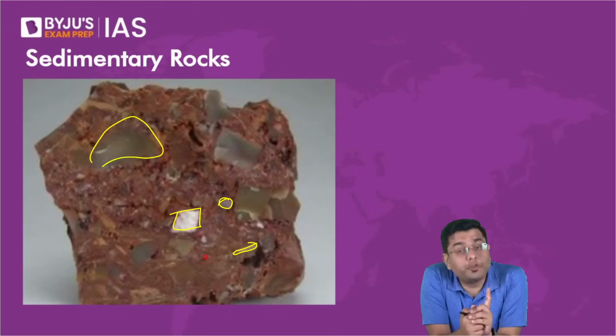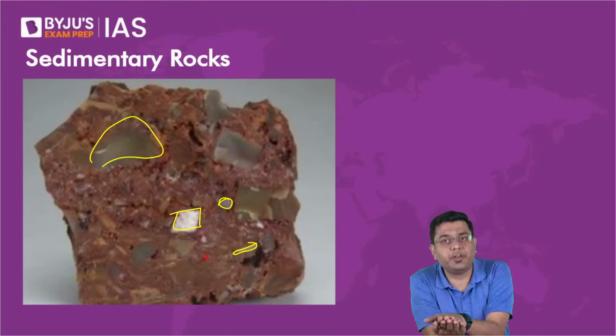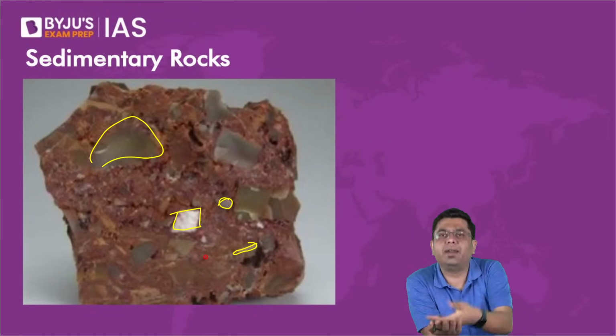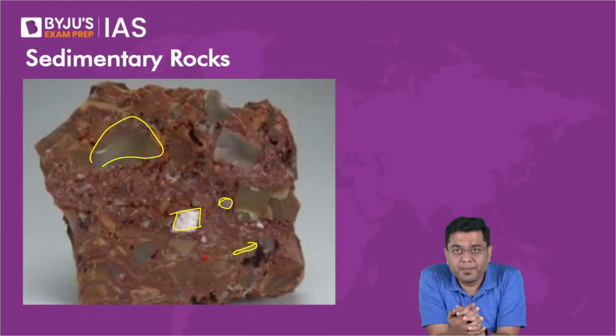All the fossil remains, all the animal and plant remains that you find, are in sedimentary rocks. You will never find them in igneous rocks. Why? Because igneous rocks have been formed by the solidification of molten materials, whereas sedimentary rocks have been formed as deposits. So it is absolutely possible that after one deposit you had a dead animal, and then further deposits fossilized it.